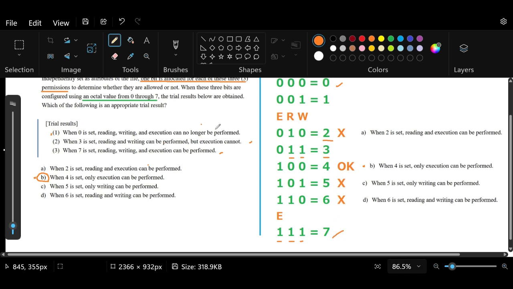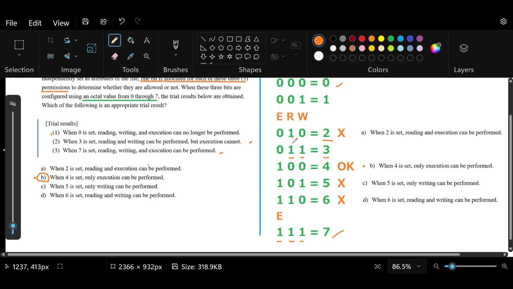Now, given the trial results, what we need to check next is which is the appropriate trial result from the choices. If you go with letter A, when 2 is set, reading and execution only can be performed.